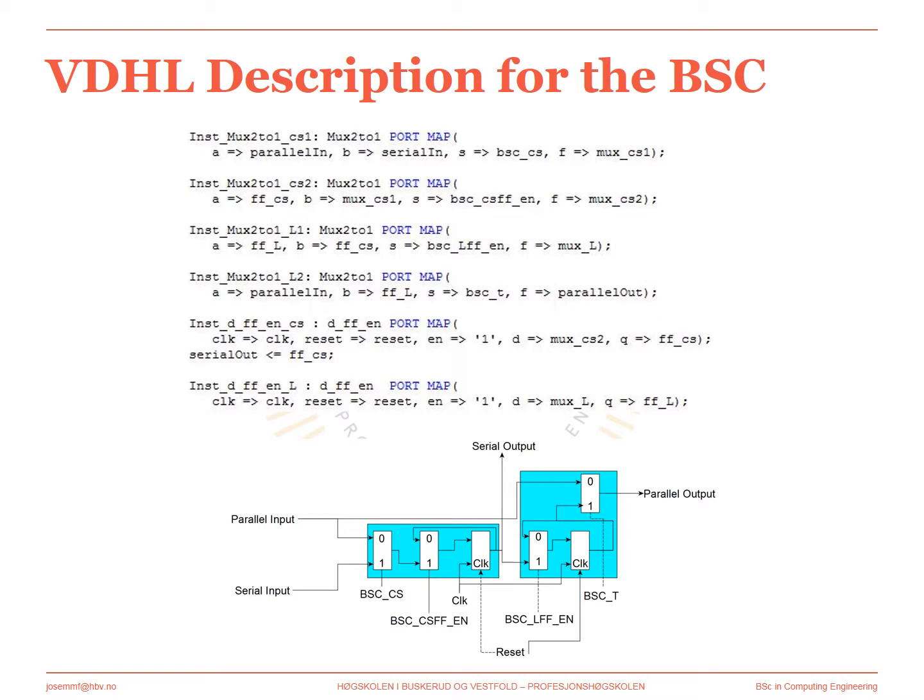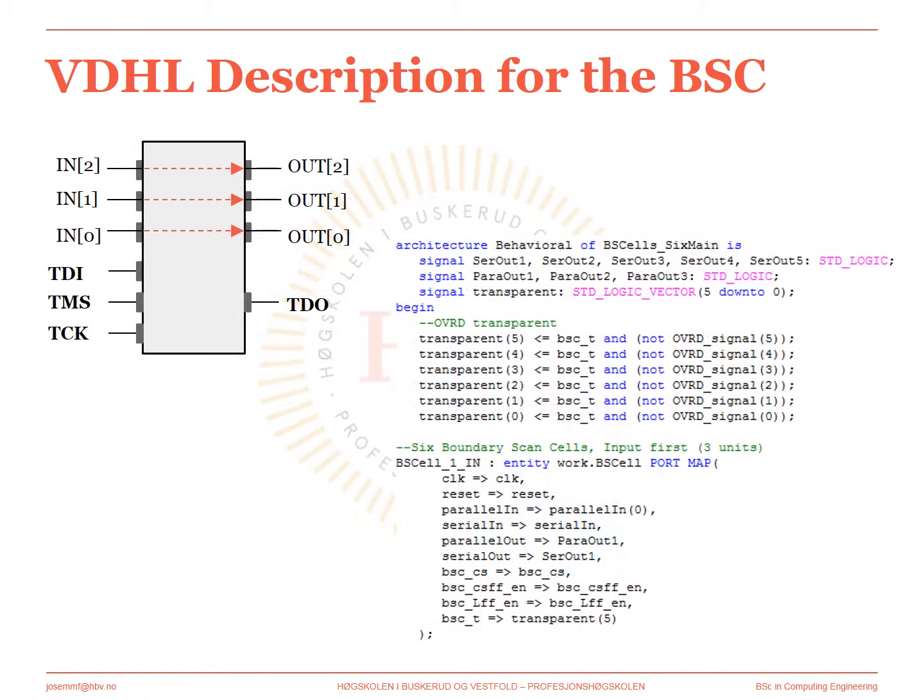6 of these cells are connected in the boundary scan register for the 3 inputs and outputs in the boundary scan infrastructure. Because the secondary task was to create an override function for our boundary scan infrastructure, we had to take this into account to make each mode work properly.